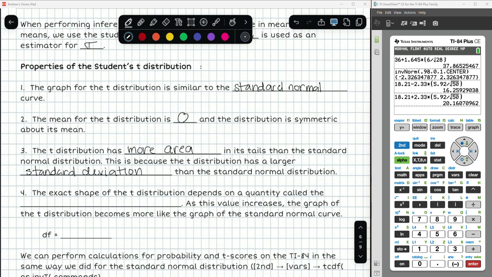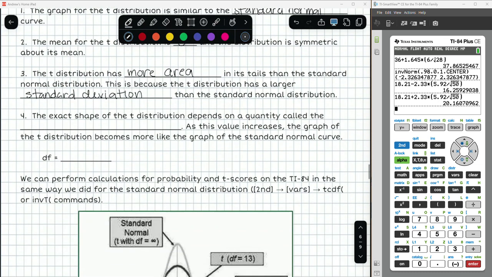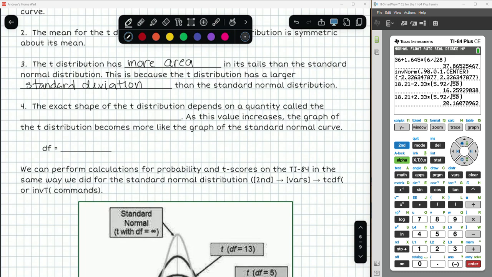and it is dependent on something that we're going to talk about in the next point, which is the exact shape of the student t distribution depends on the sample size, and the sample size dictates a quantity called the degrees of freedom.